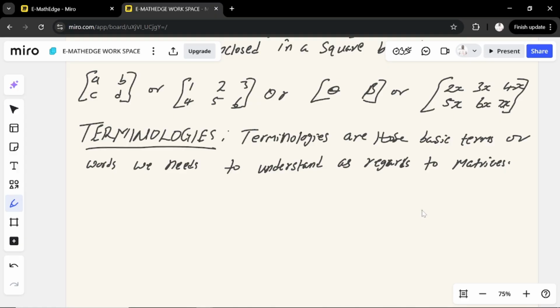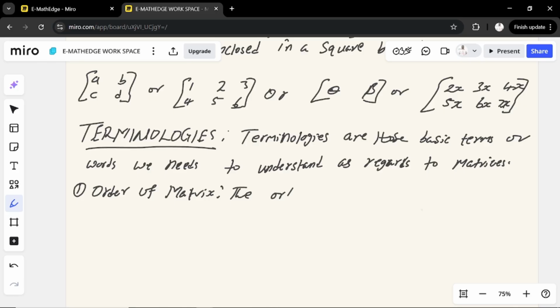So the first one we are going to be looking at is the order of a matrix. Now, what is the order of a matrix?